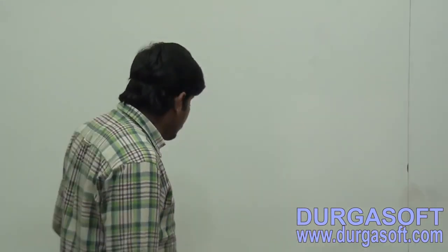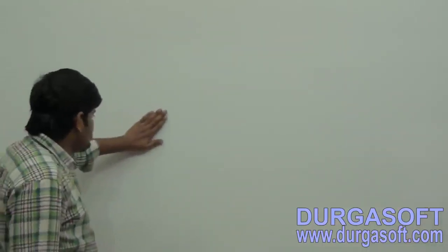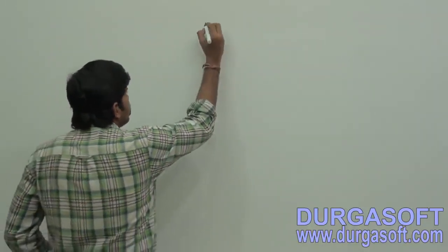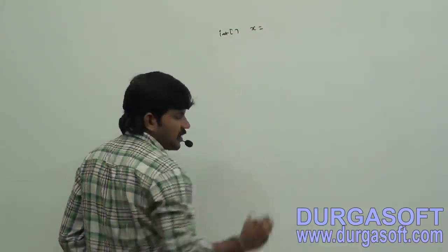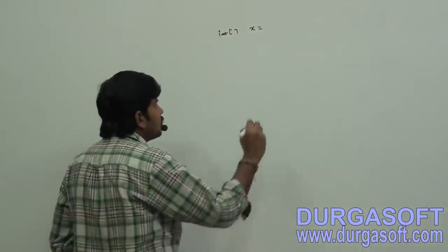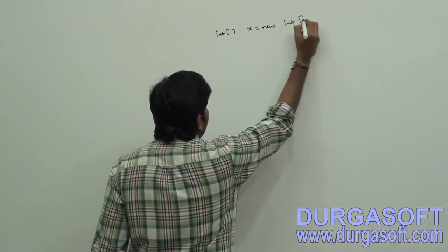Next, keep subheading: Array initialization. Okay, what is the option, listen. Sir, I am taking int array x is equal to new int array of 3.